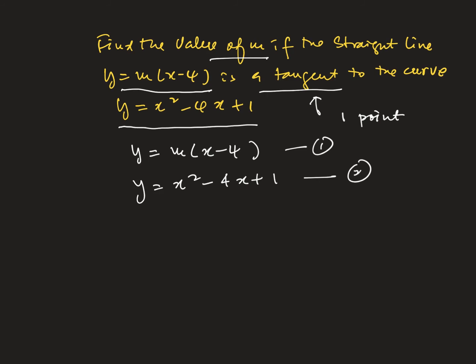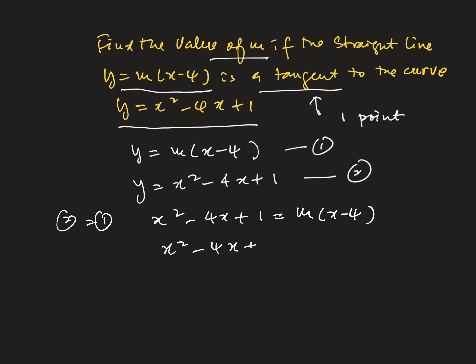So we solve them simultaneously. 2 is equal to 1. So x squared minus 4x plus 1 equals mx minus 4m. We rearrange this.